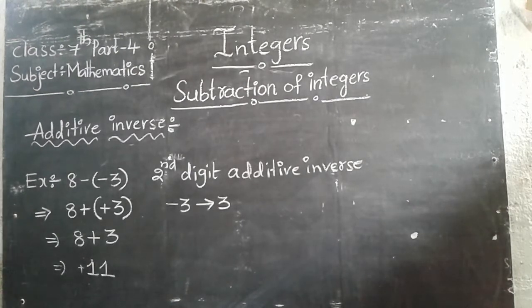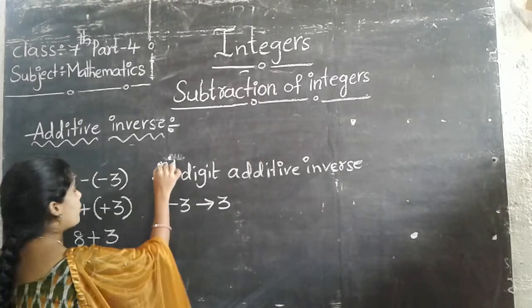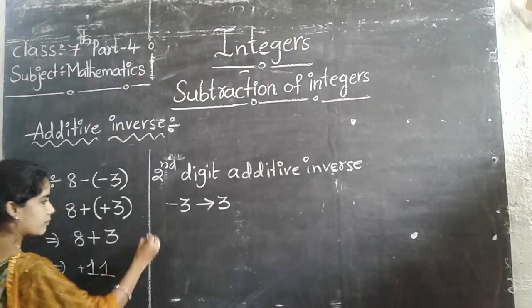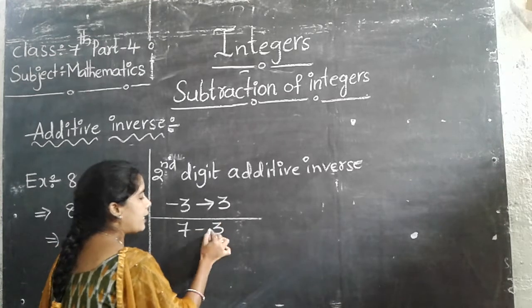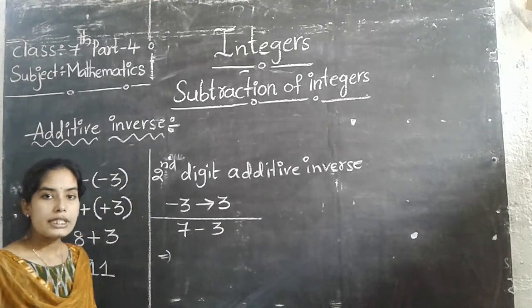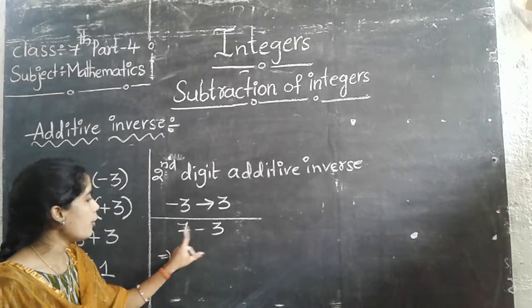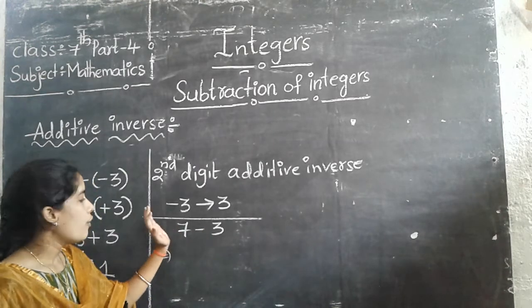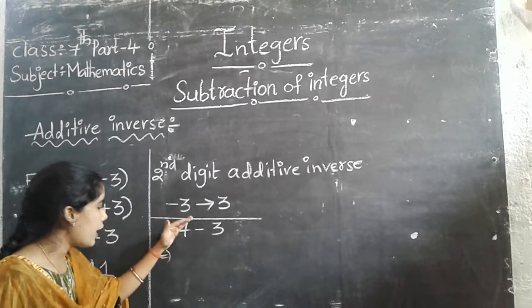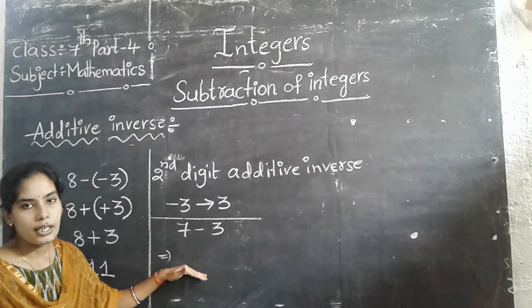One more example: 7 minus 3. How do we subtract these integers? First, we change this operation into addition.